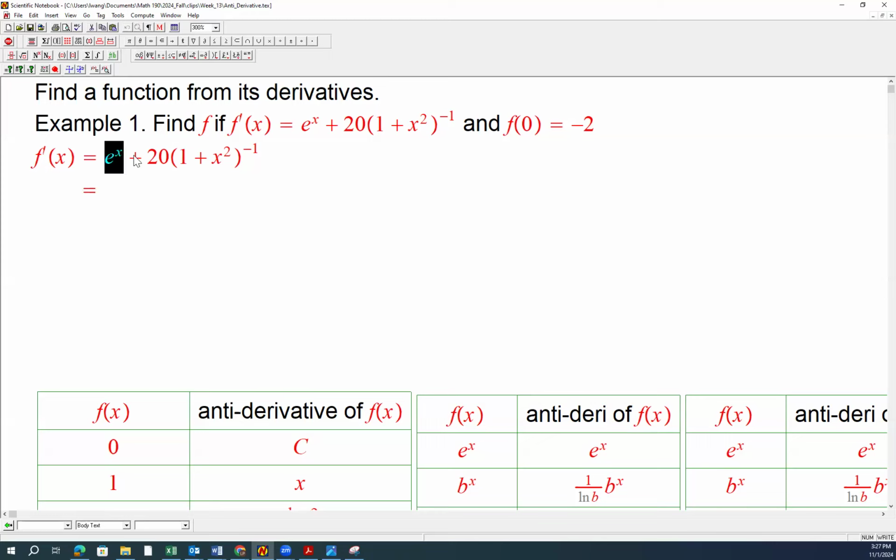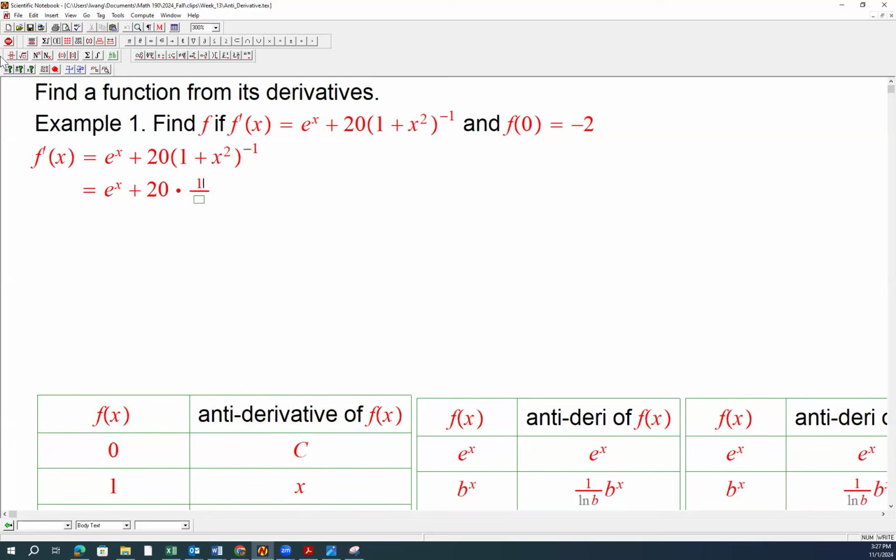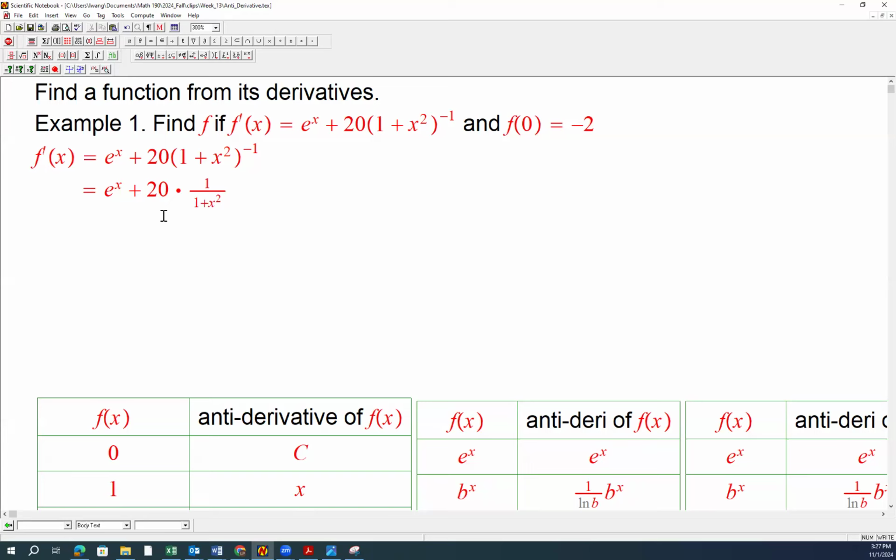So over here, we know the antiderivative of e to the power x, and we also know that (1 plus x squared) raised to the power -1 is equal to 1 over 1 plus x squared. So now we pretty much know what the antiderivative is, which is arctangent.